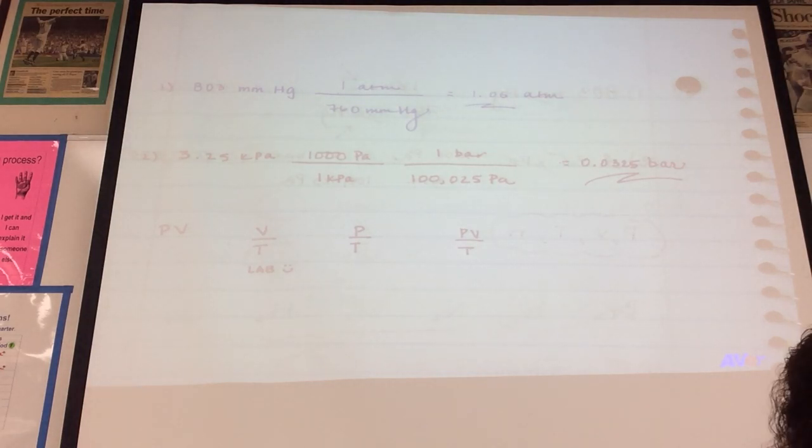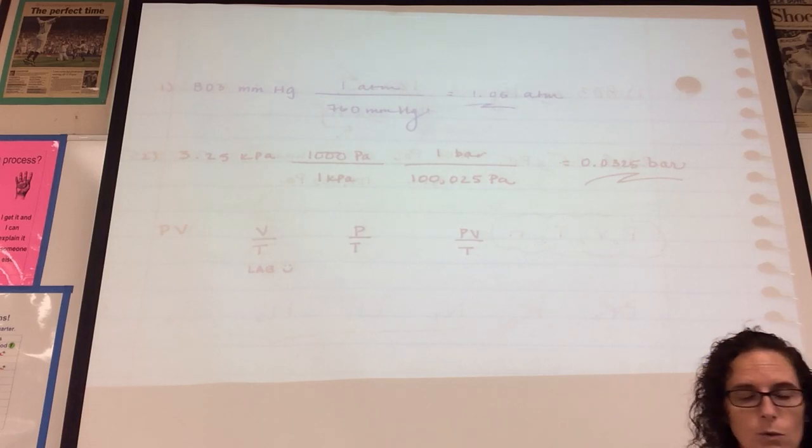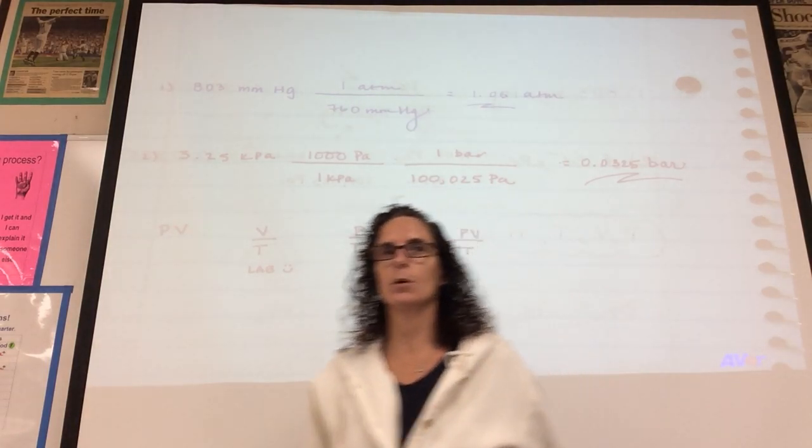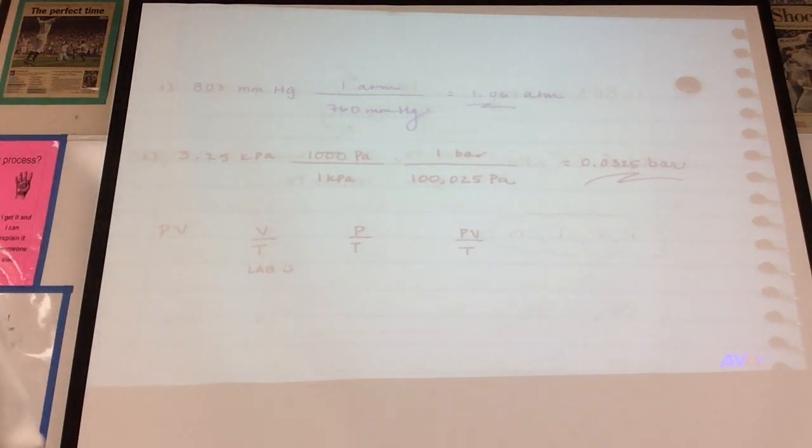That will require a lot of practice, which you will be provided with so that you can master these simple concepts. Any questions in regard to simple gas properties, the variables we're going to be exploring?